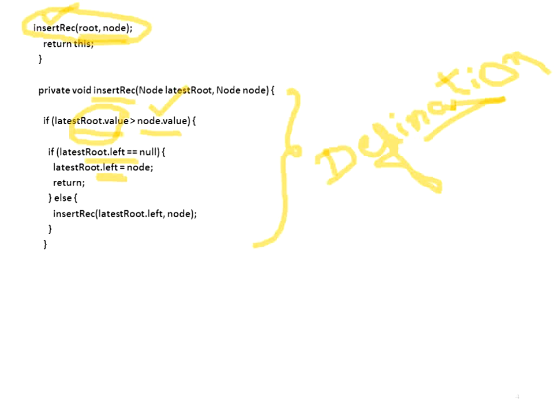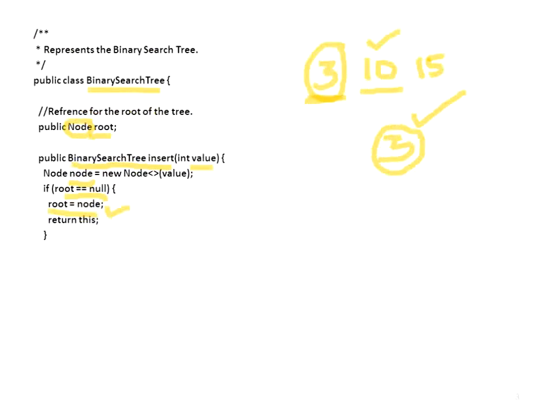See, this is our root, 3. Okay? 10 is bigger than 3, so it will be placed towards the right. Now if suppose here we have 2, then 2 will come towards the left.